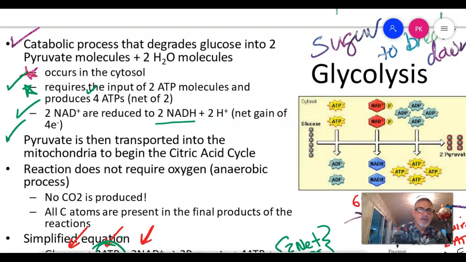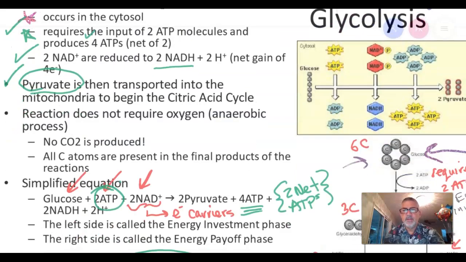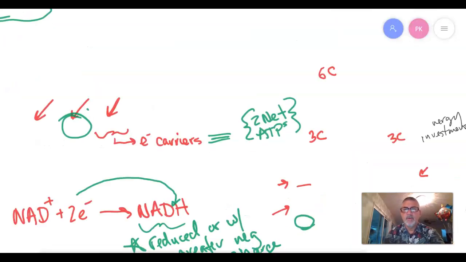And then pyruvate is my final molecule. And that's going to be transported to the mitochondria, right? So my glycolysis goes into cytosol, but then it's going to go to the mitochondria.